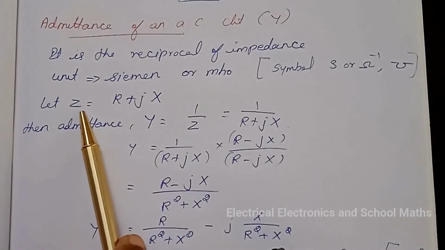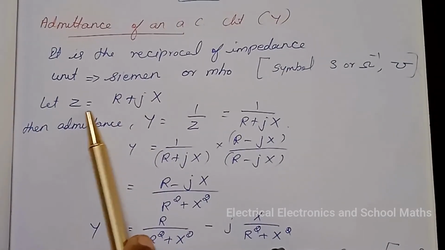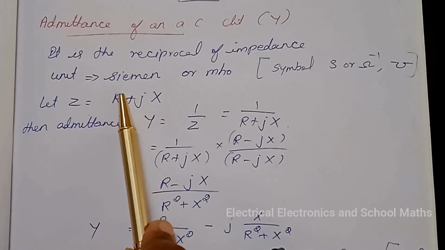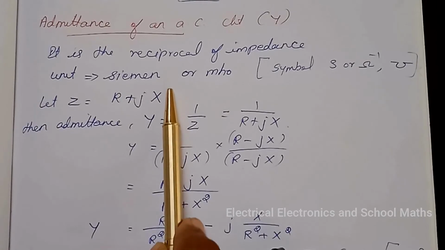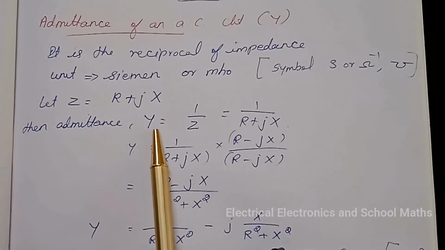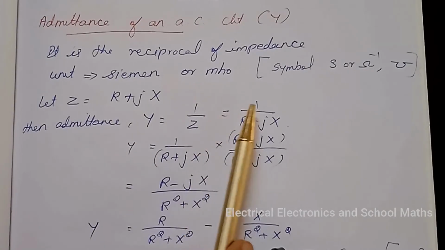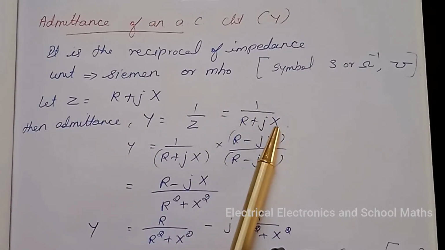Let Z be the impedance of circuit equal to R plus jX, that is resistance and reactance. Then admittance is reciprocal of impedance, that is 1 by Z, that is 1 by R plus jX.